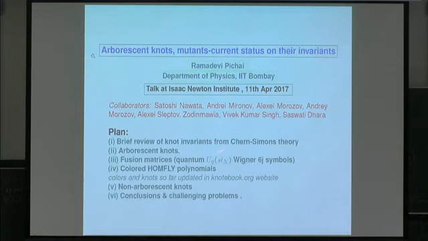So my plan is I will briefly review how knot invariants are written from Chern-Simons theory, and then we'll get on to arborescent knots. And in the process of obtaining polynomial invariants, we need the quantum Wigner 6J, or these are the Racah coefficients. And once we know this, we could write the colored HOMFLY polynomials for many of the arborescent knots.